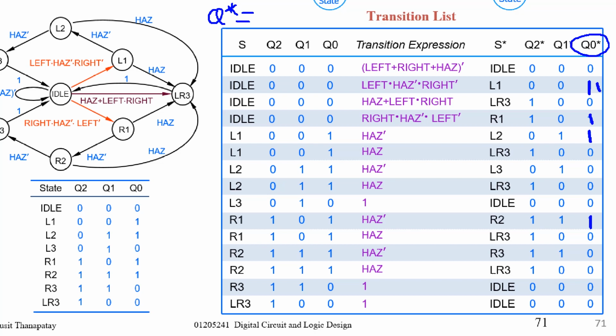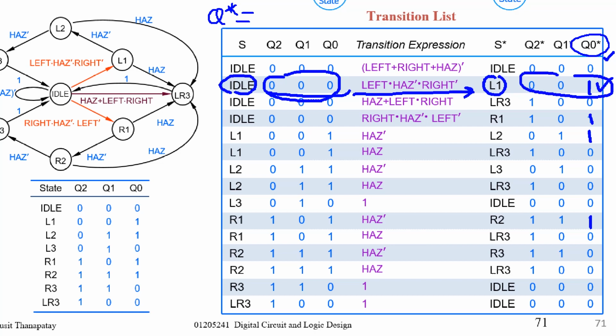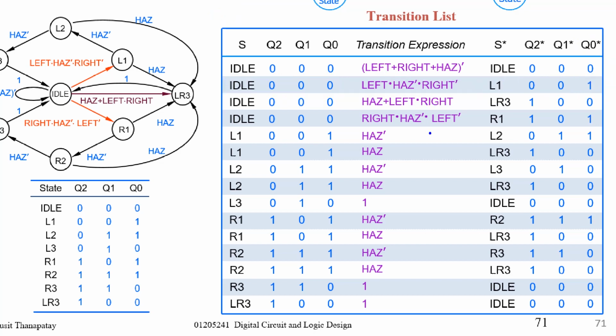Q0 star will be 1 when the state changes from idle to L1, when this condition becomes true, right? Or I can say that Q0 star will be 1 when the state changes from 0, 0, 0 to 0, 0, 1 when this input becomes true, right?